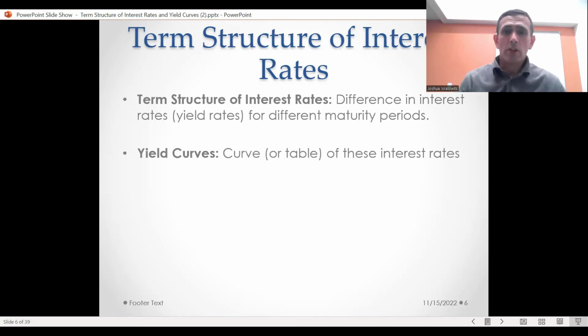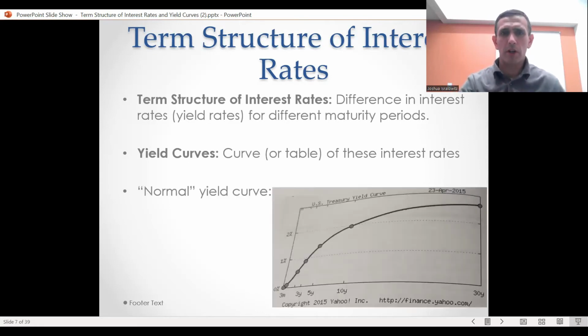Particularly for bonds that the U.S. government issues, a curve or table of these different interest rates corresponding to different maturity periods, and these are yield rates, of course, for bonds, is called a yield curve. An example in the book is the following yield curve.